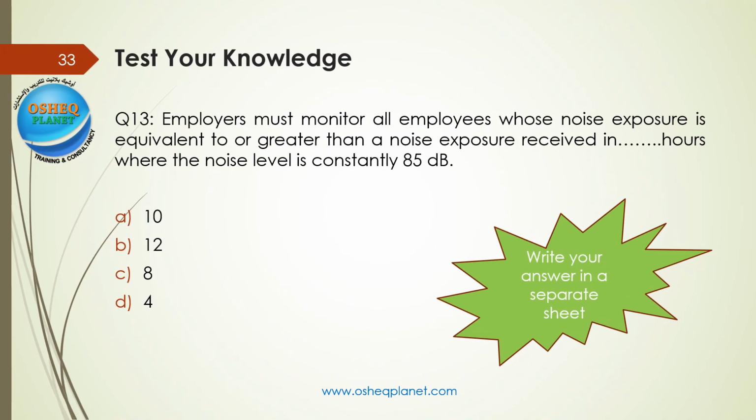Now let's check your knowledge. Read the questions carefully and write your answer in a separate sheet to check your knowledge at the end of the part. Question 13. Employers must monitor all employees whose noise exposure is equivalent to or greater than a noise received in how many hours where the noise level is constantly 85 decibel? 1. 10. 2. 12. 3. 8. 4. 4.